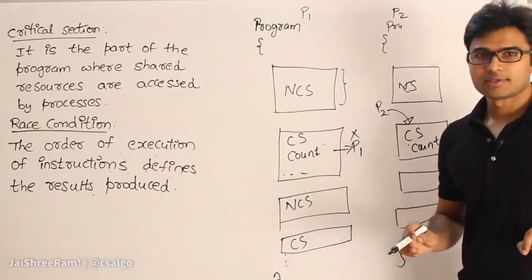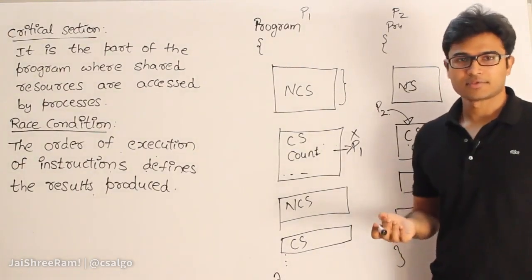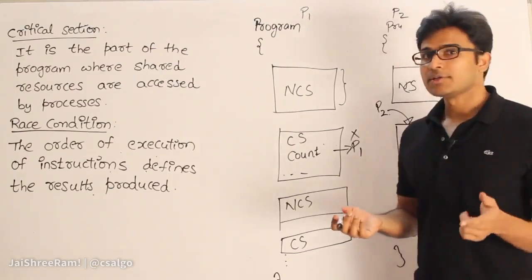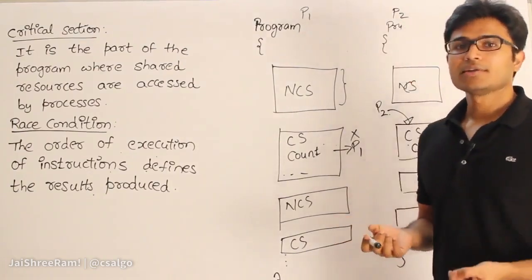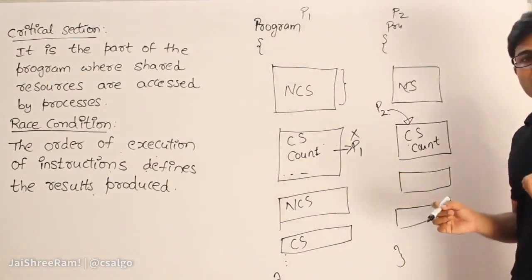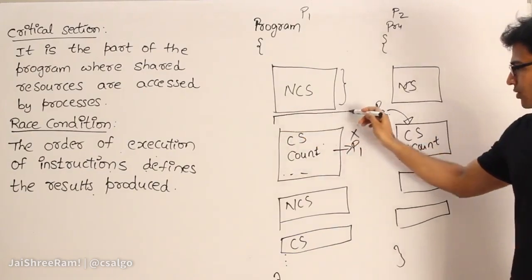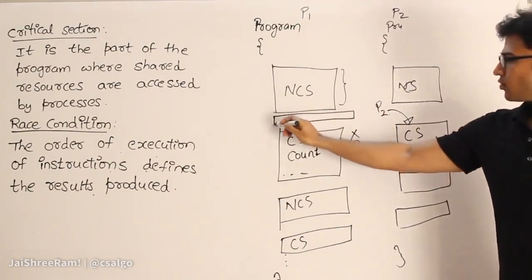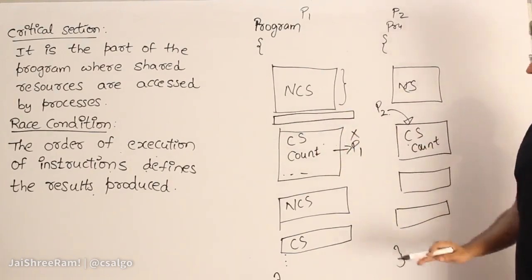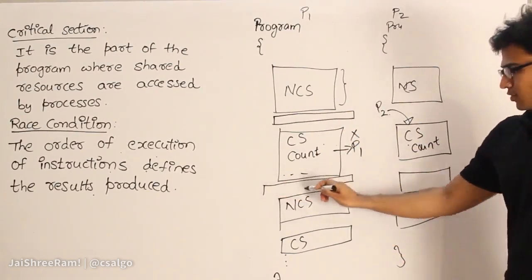So just to avoid this, we are going to use something called synchronization mechanisms. What is it? Synchronization mechanisms, right? The synchronization mechanism is that you write a small piece of code and put it just before you enter the critical section, and then you put another piece of code after you come out of it, right?